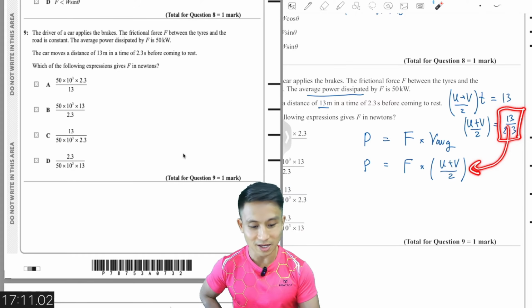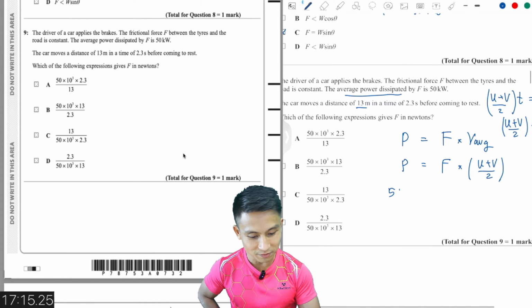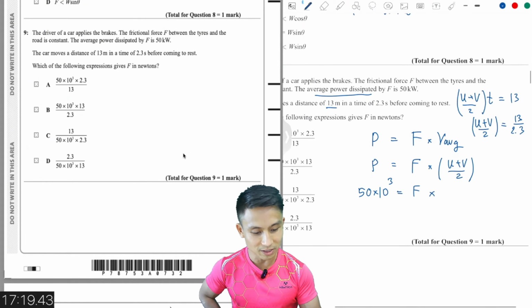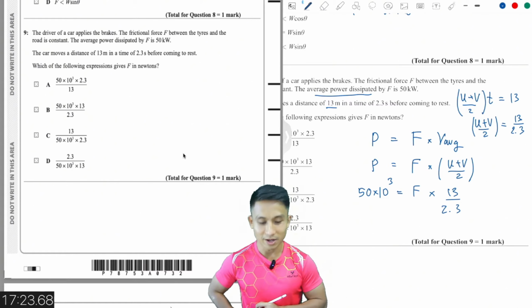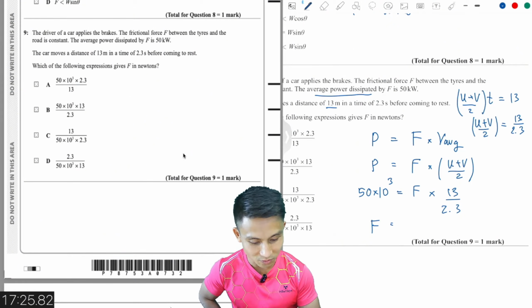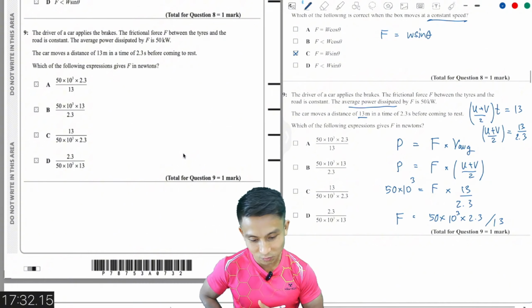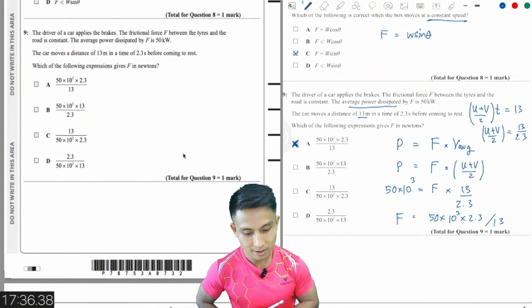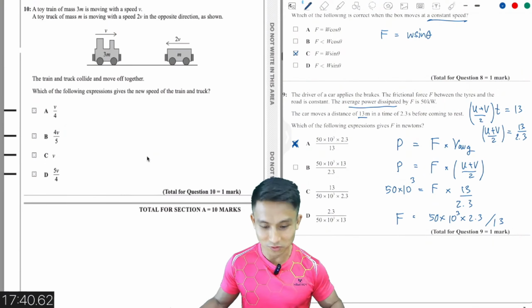We plug it in here, we're going to find F. Power is 50 times 10 to the 3 equals F times U plus V over 2, which is 13 over 2.3. So F equals 50 times 10 to the 3 times 2.3 divided by 13, and that would be the same as option A. Just doing the math there, guys. Sorry about the confusion.